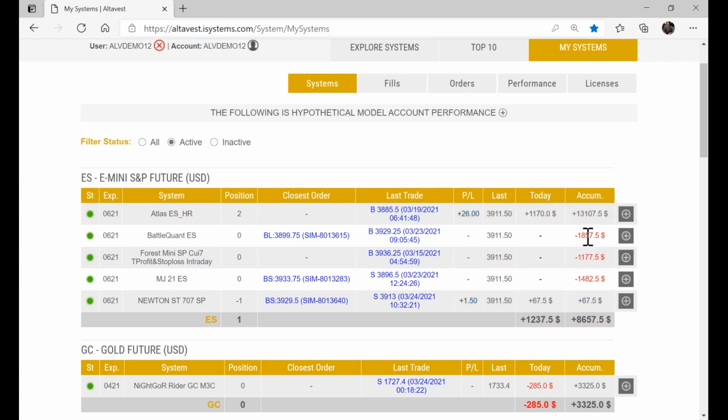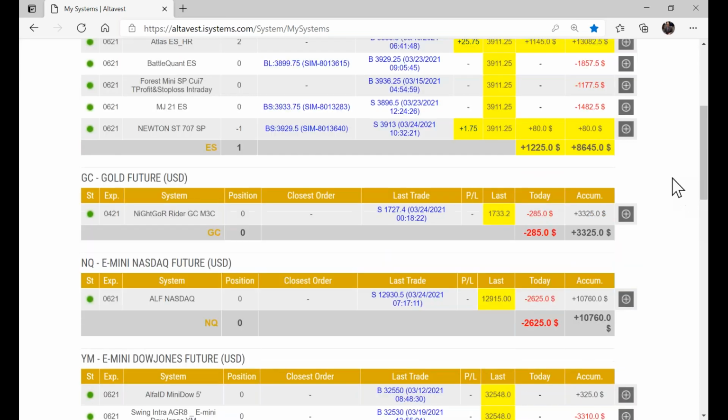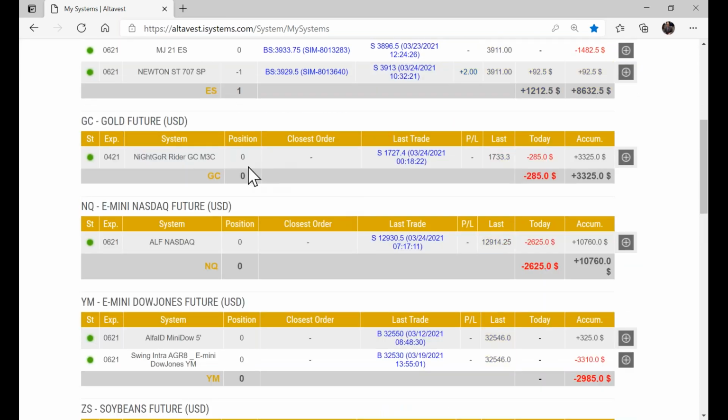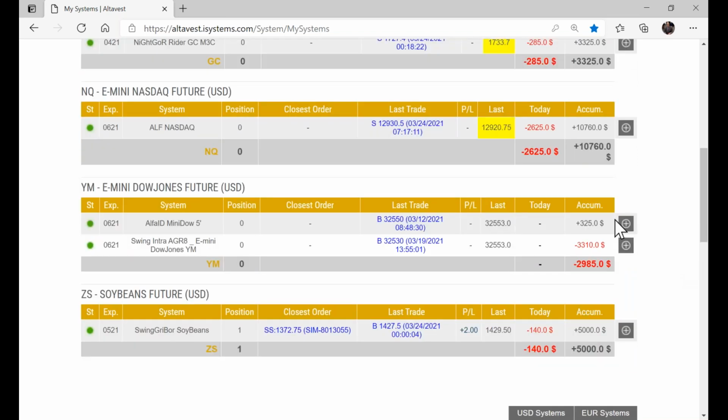These are losing a bit of money so far. That one we just activated you can see kind of gaining right here as we speak. Interesting. Gold is flat right now, this gold system. Accumulated gains here, did lose today. There's a NASDAQ system, lost money today, but accumulated gains and so forth. So mini Dow, and here's soybeans.